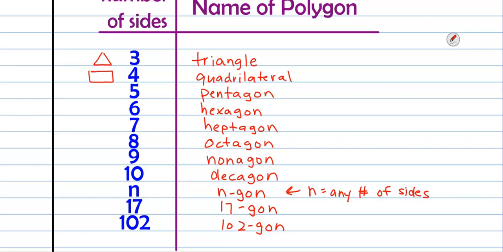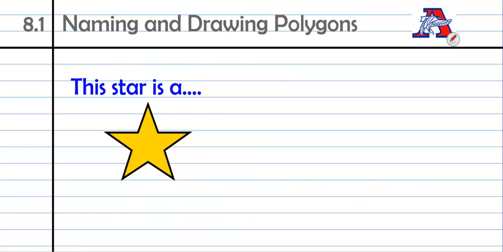All right. So just a quick little example. This star is a what? What is the proper name for the star that you see on the screen there? Well, the first question is, is it concave or convex? We're going to say that it's concave because each of these vertices are on the inside of the shape. They're kind of pointing in.